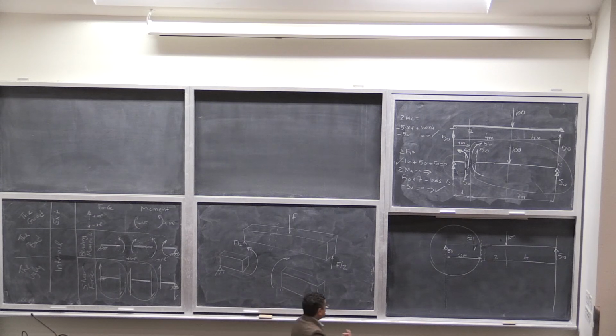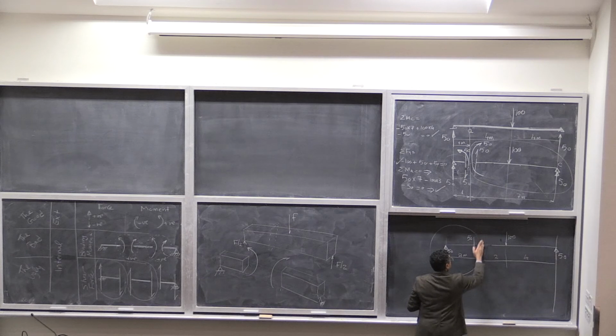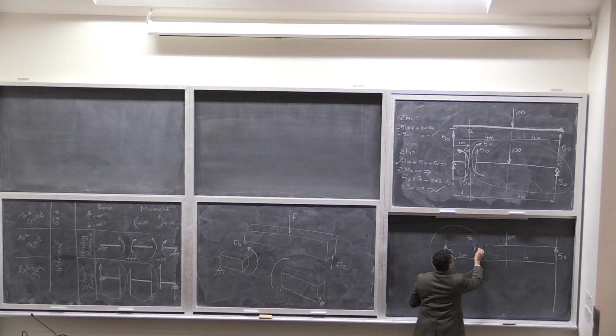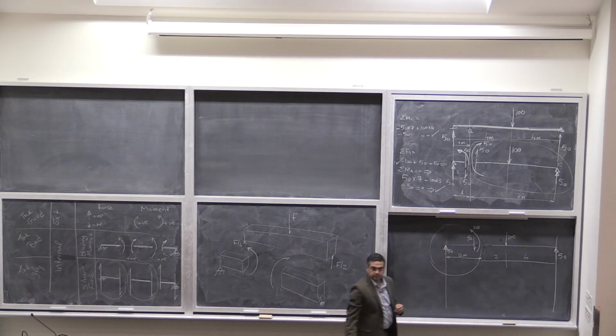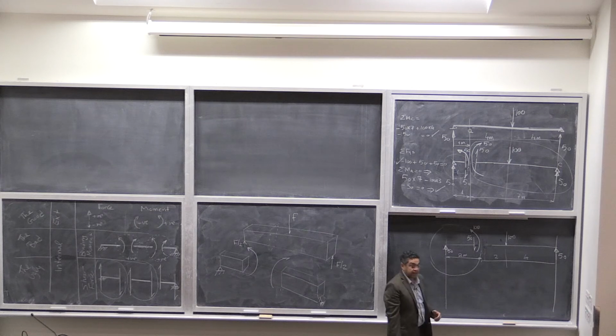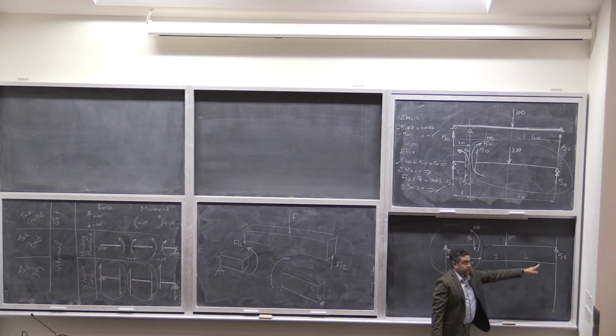And then what would be the moment that will make this section in equilibrium? Well, 50 by 2 is 100. I need a 100 here. And if your calculations are correct, you can calculate it from the other side, 150.